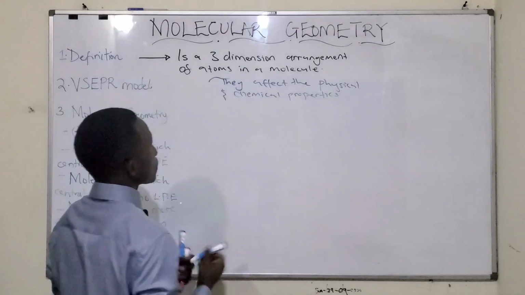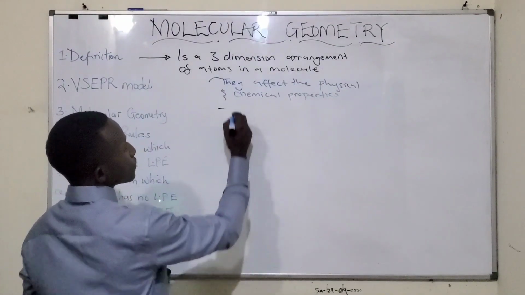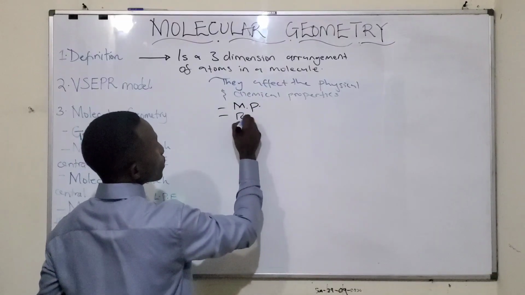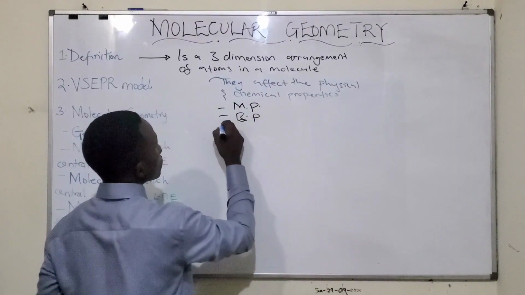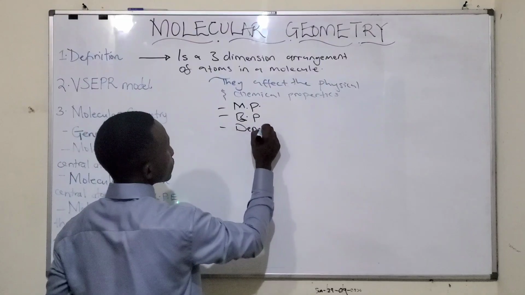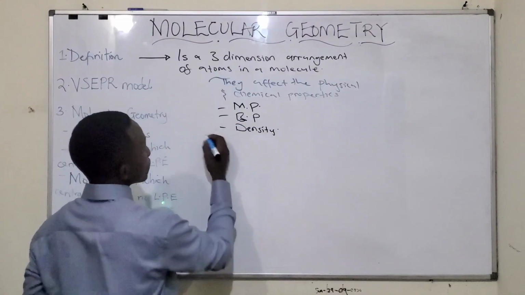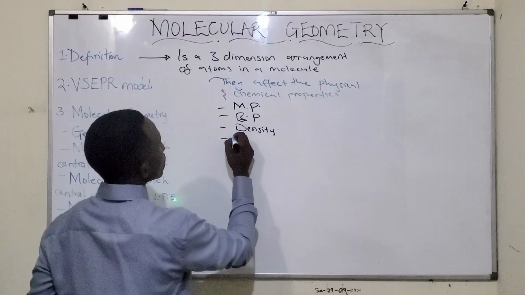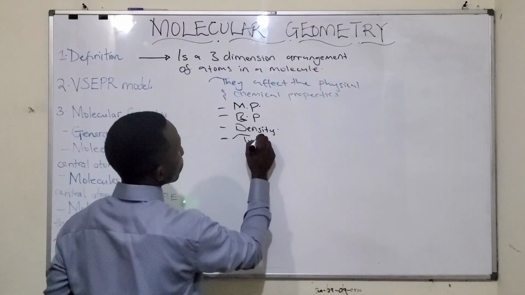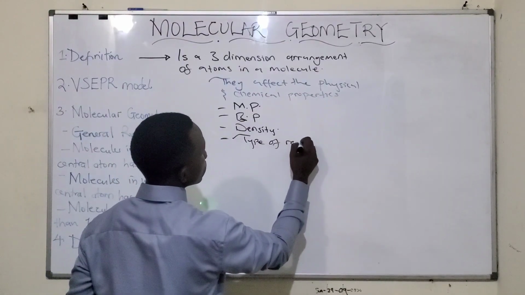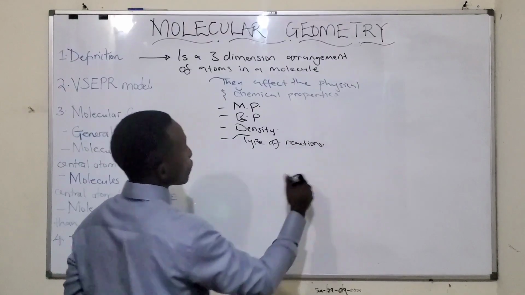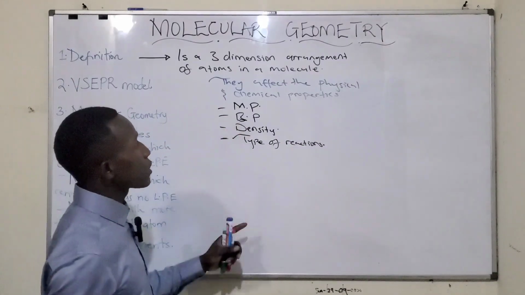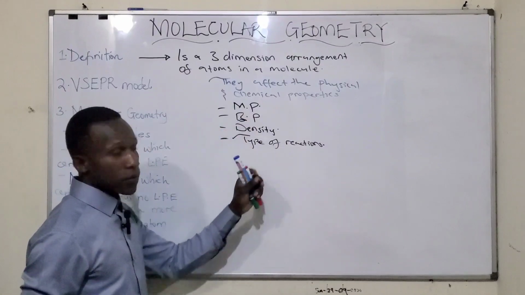For example, it can affect the melting point, the boiling point, the density of the molecule, and the type of reactions of these molecules. So depending on the arrangement of atoms in a molecule, they can affect all these.